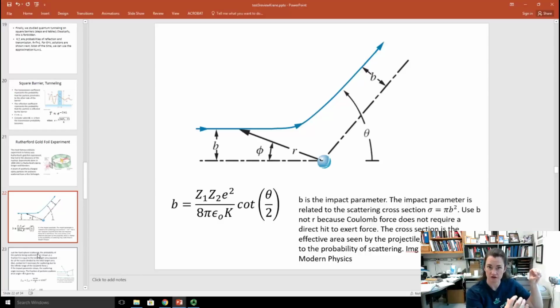It's how far off the two centers are. And it gives you an effective nuclear size, as if the two particles underwent hard sphere scattering. So that means that the cross-section, which is the cross-sectional area that the incident particle sees for the target nucleus, is equal to pi b squared.